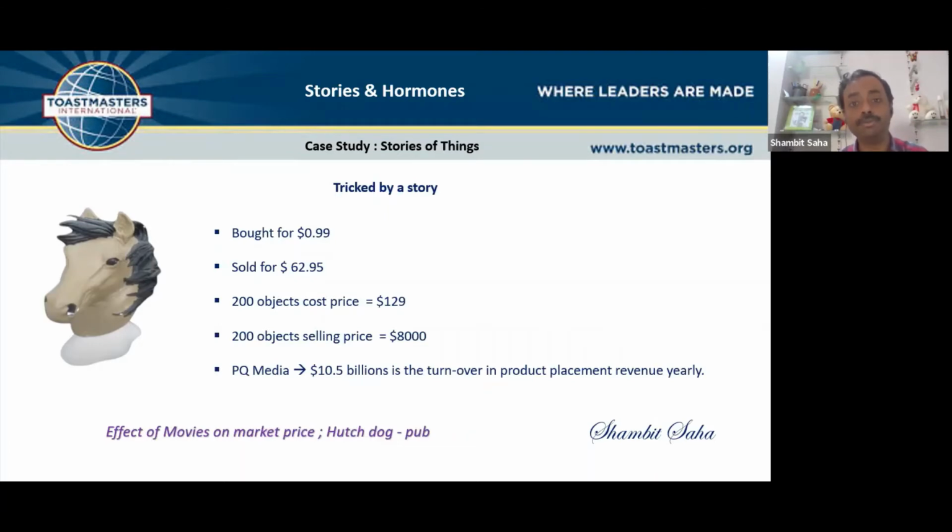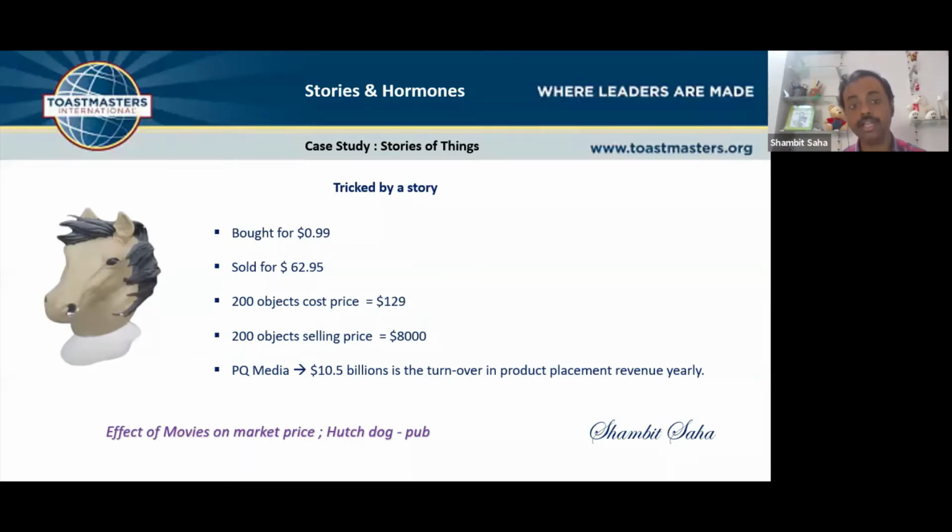These items, which were bought for approximately $1, for example this horse head, was sold for $62.95. Now that's a profit of 6,300 percent. You can imagine the profit he made by just adding stories to it.